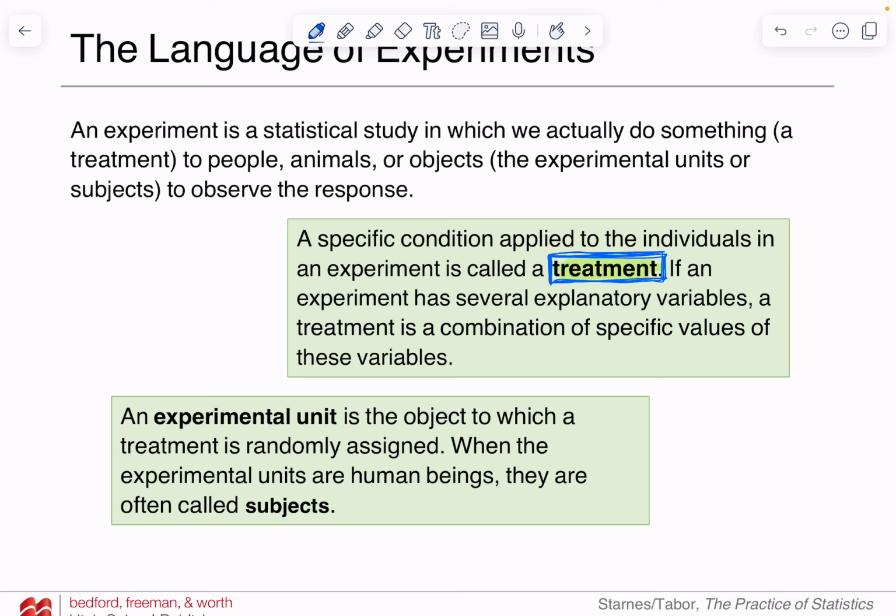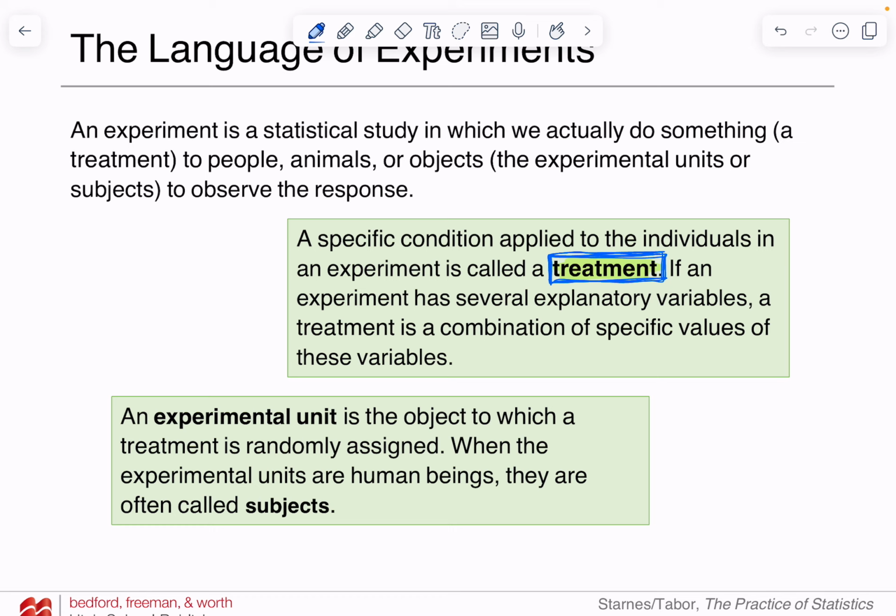All right, if we have different explanatory variables, so let's say I wonder if wearing a certain color makes people nicer to you or something. Okay, the treatments would be wearing the blue shirt versus the red shirt versus the black shirt versus the white shirt.